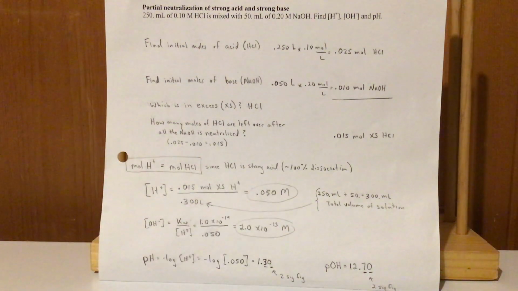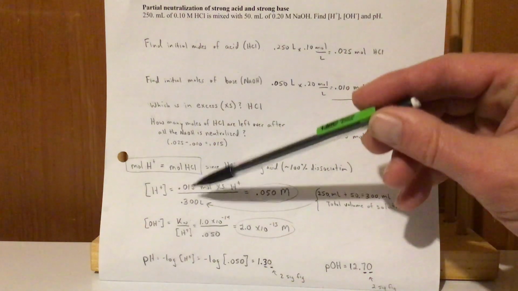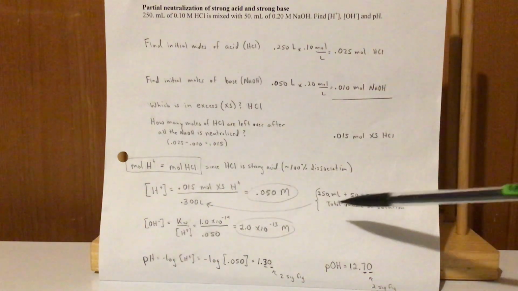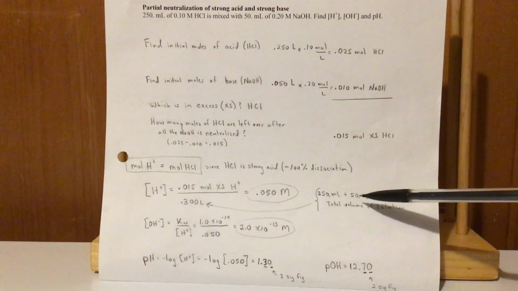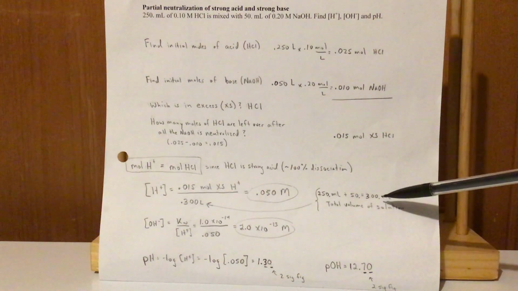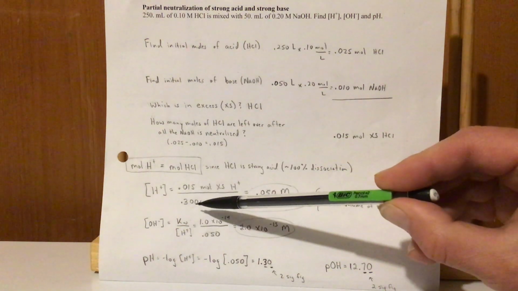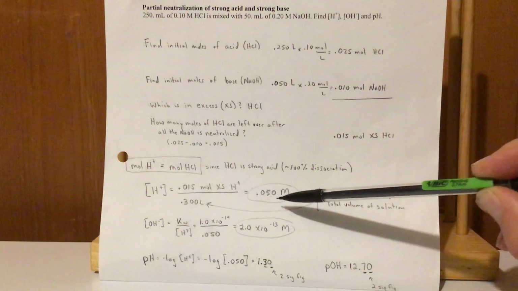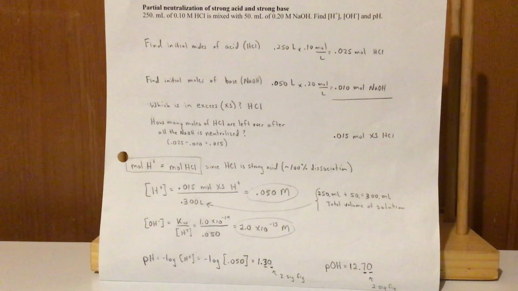So I take that 0.015 moles of excess, divide it by the sum of the 250 milliliters and 50 milliliters, which is 300 milliliters or 0.3 liters, and I get 0.050 molar. That is the H+ concentration.